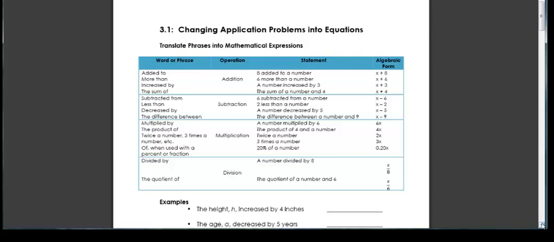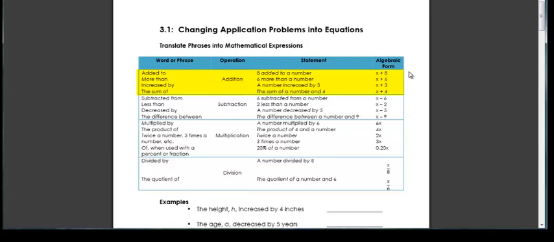If you're looking at the first section of this table, you're going to see that all of this has to do with addition. You're going to read words and phrases in your word problems like added to, more than, increased by, or the sum of, and those all mean that you're going to do addition. Then I gave you some sample statements, like 8 added to a number, and that's going to be translated to the algebraic form of x plus 8.